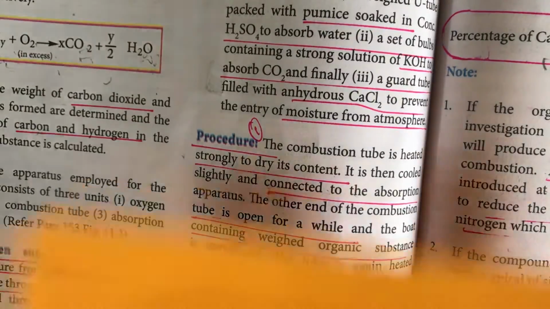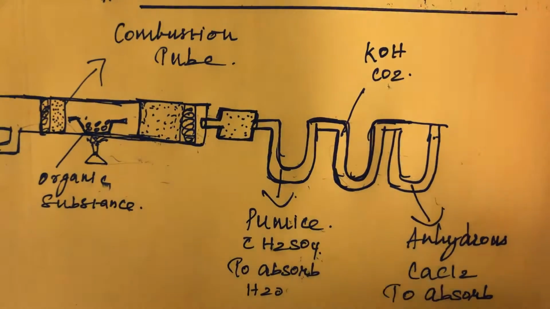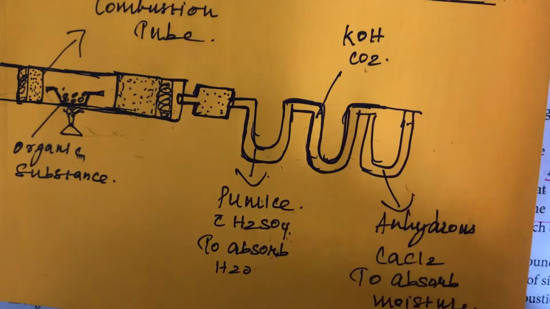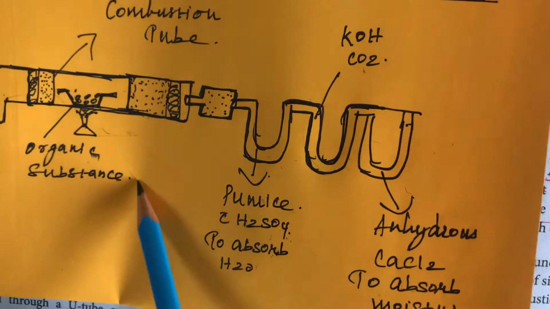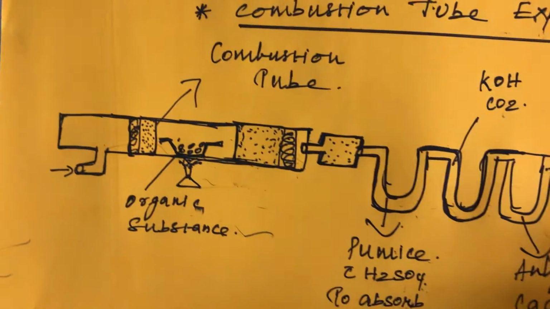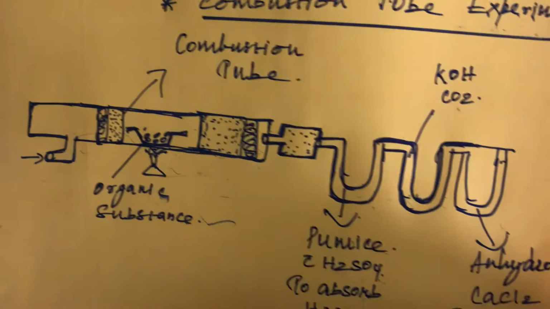The experimental part consists of three parts: the inner oxygen supply, the combustion tube, and the last compartment, the absorption tube. The first part is the passage of oxygen for the burning process.